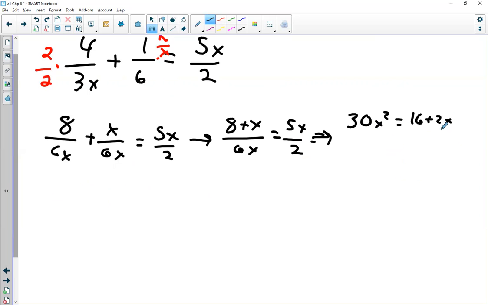Because I have an x squared and an x and a number, I'm going to move everything to one side. 30x squared minus 2x minus 16 equals 0. I could take out a 2 out of everything. So 15x squared minus x minus 8.